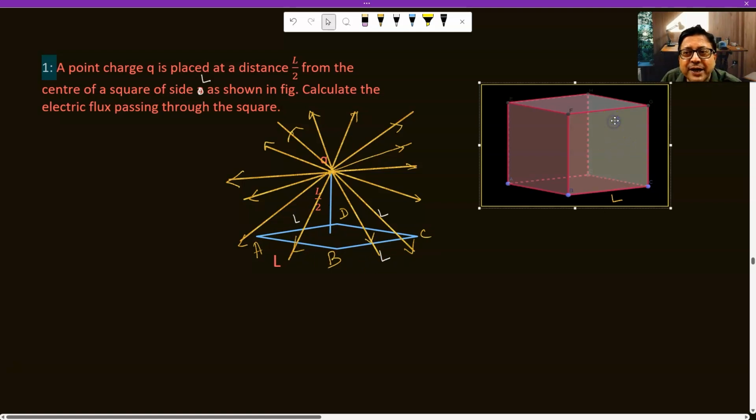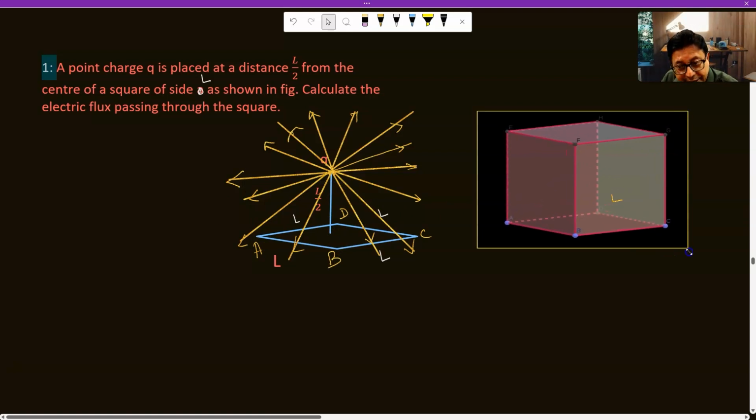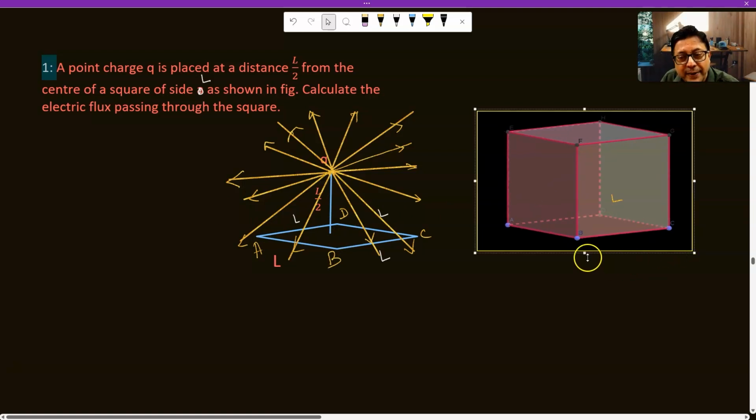So let us bring it there. And then we are getting symmetry. The charge will be lying at the center of this cube of length L. Am I correct?